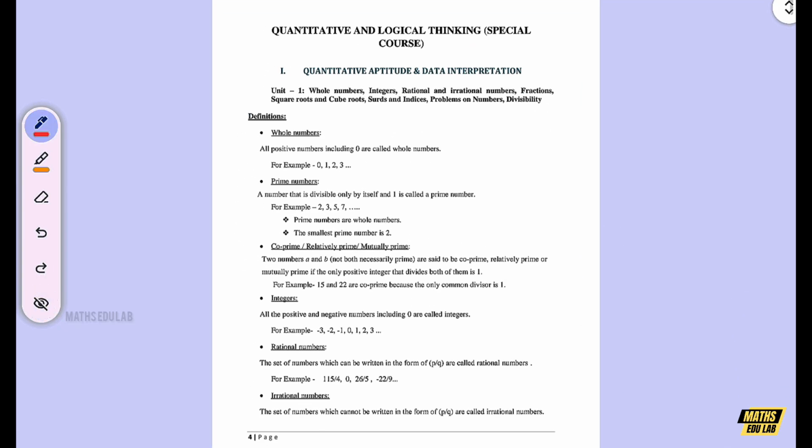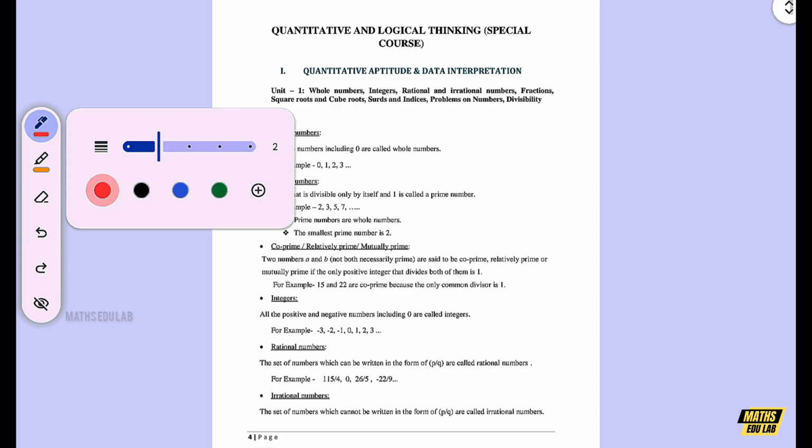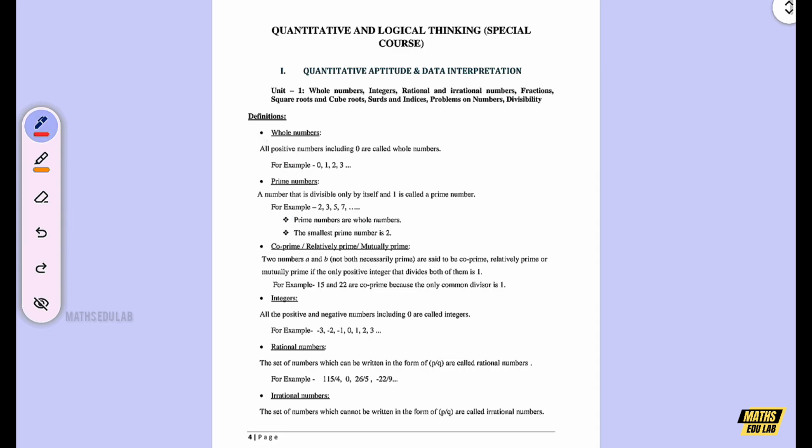So what is given in this subject? First it is given about whole numbers. If you see here, we have a number line, from 0, and then we get all the positive numbers up to positive infinity, and here we have negative numbers on the left hand side up to minus infinity.